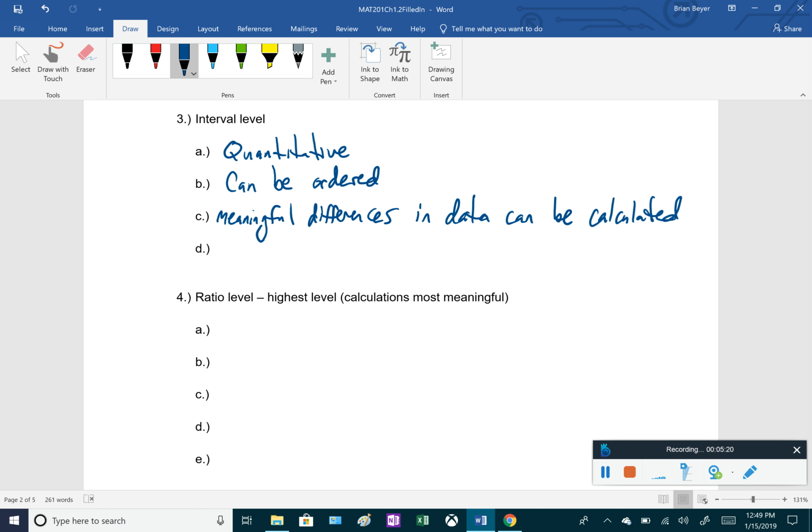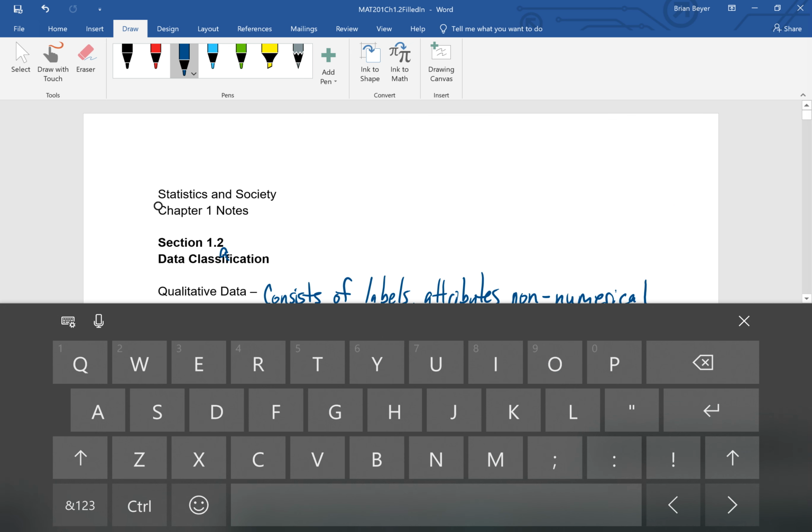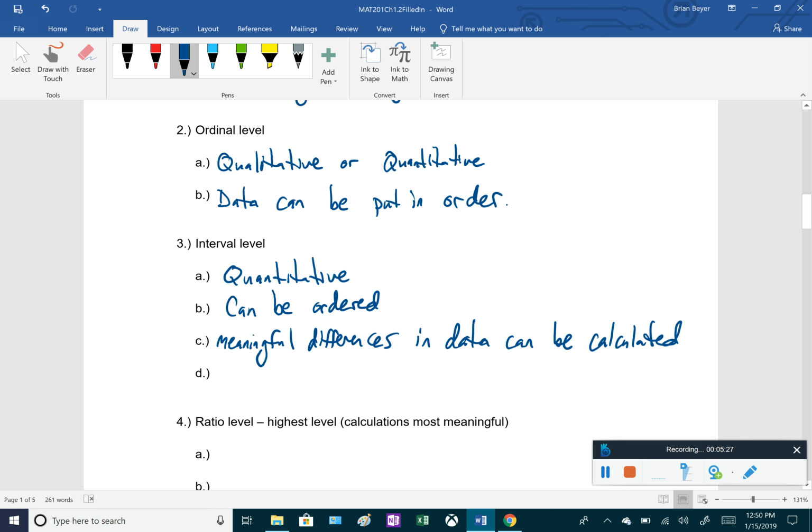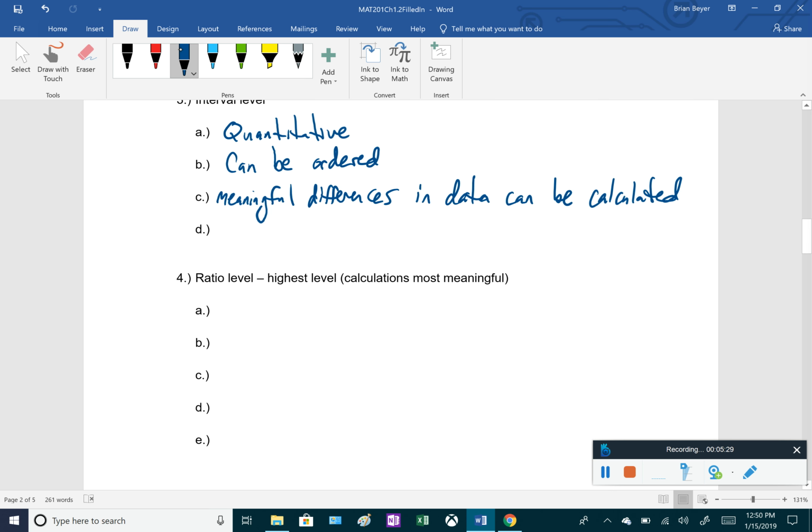And for the last thing here, if we have an entry that is a 0, a 0 entry is not inherent 0.